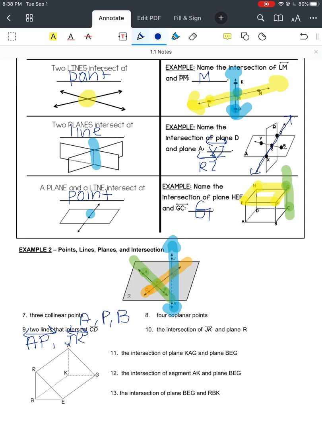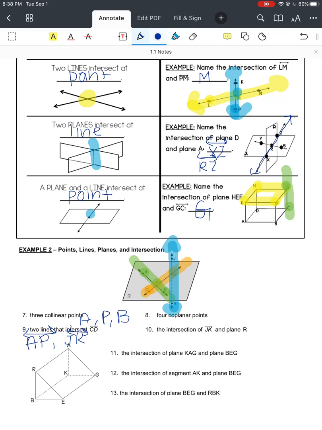All right. Number 10, name the intersection of JK and plane R. Well, JK we just called, it was that blue line. Plane R is the big grayed out plane there. Well, you have to think, a line and a plane, what is it going to intersect at? Well, right above we said a line and a plane intersect at a point.